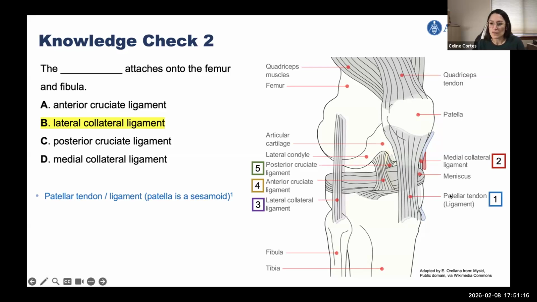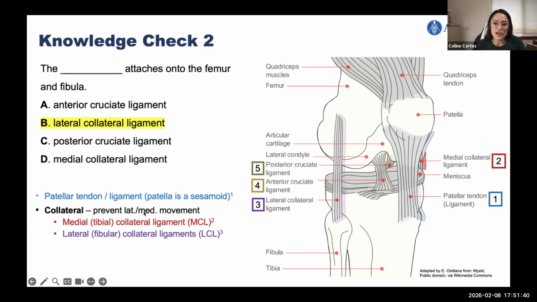But this is also sometimes referred to as a patellar ligament because this is technically a bone-to-bone connection from the patella down to the tibia. So just keep that in mind. Those sometimes are used interchangeably, and that just has to do with the fact that the patella is a sesamoid.